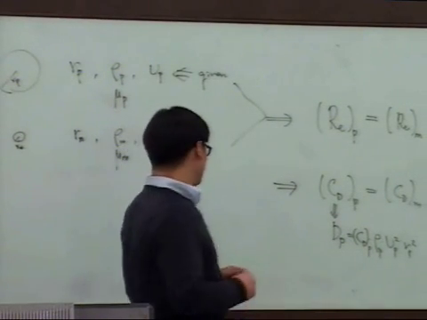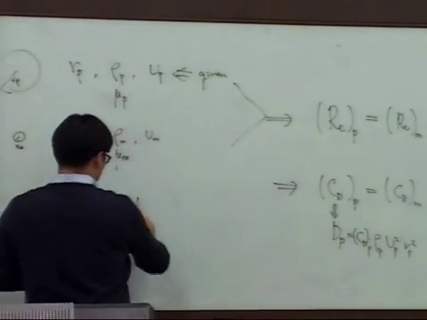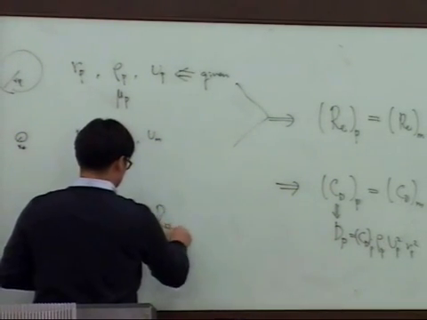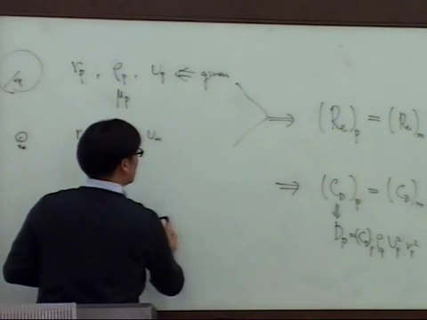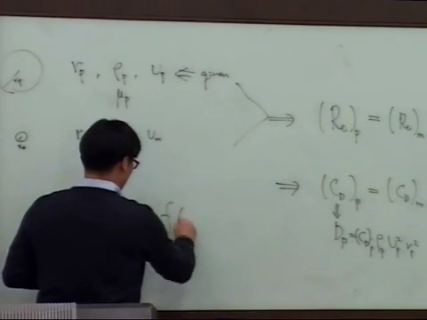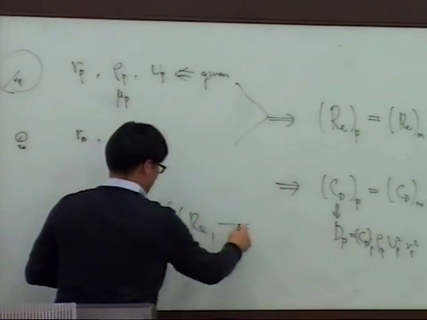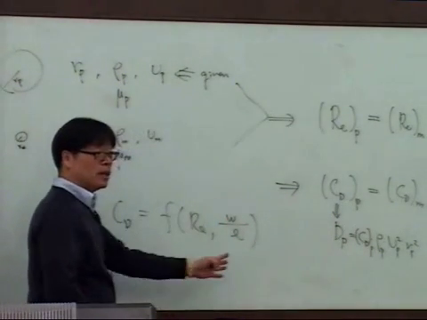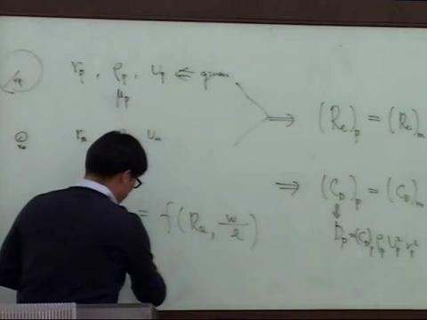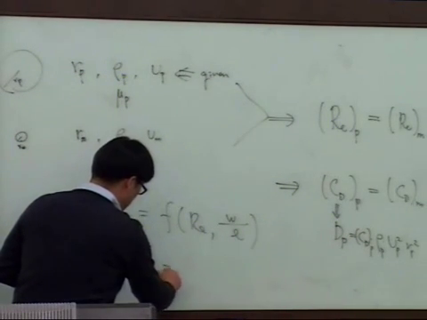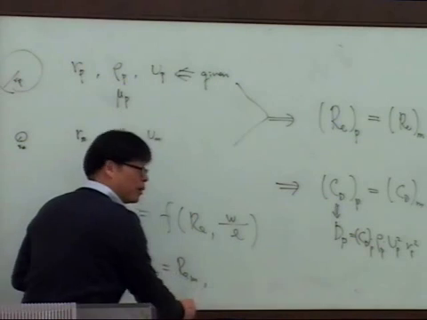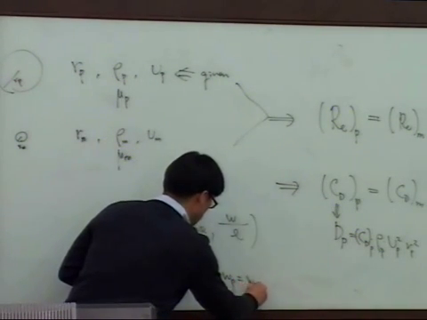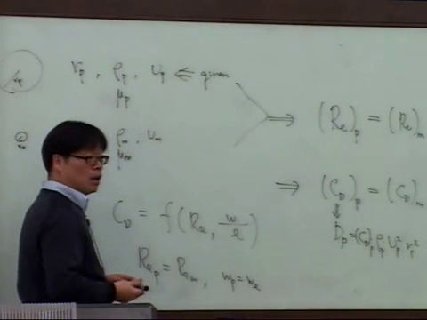And if you have drag, it depends not only on the Reynolds number. Drag depends not only on the Reynolds number, but also, like for a flat plate, you have to match not only the Reynolds number, you have to match the geometric ratio as well.